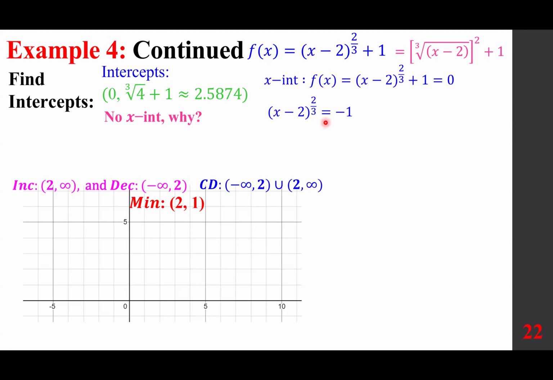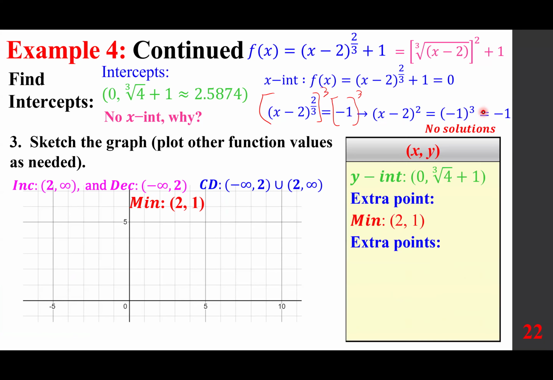Anytime you have an equation that has an exponent which is a fractional format, we raise both sides to the power, which is the denominator first. So the left side becomes x minus 2 squared. The right side becomes minus 1 cubed, which is negative 1. This expression is always positive. Worst case scenario is 0. This is always negative 1. Can't be. No solutions.